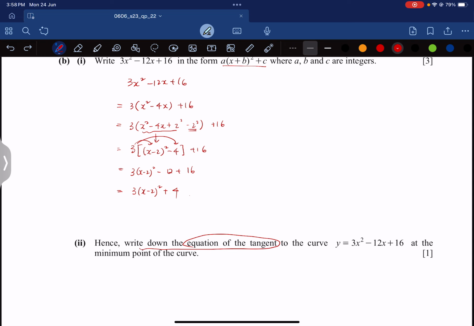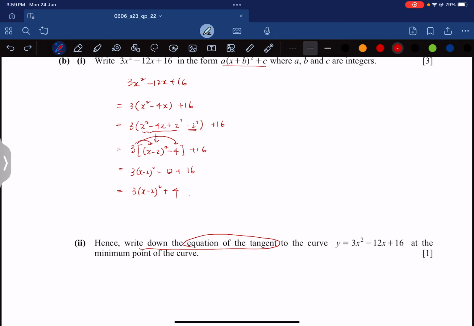So to find the max or min using differentiation, we figure out dy/dx and let it be 0, because dy/dx represents the gradient of the tangent at any point.